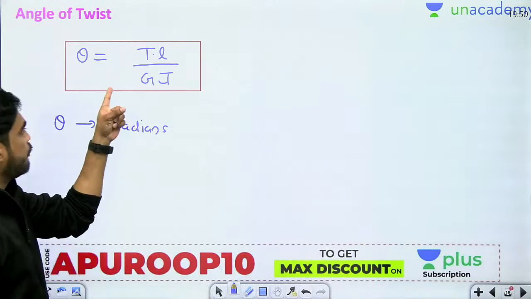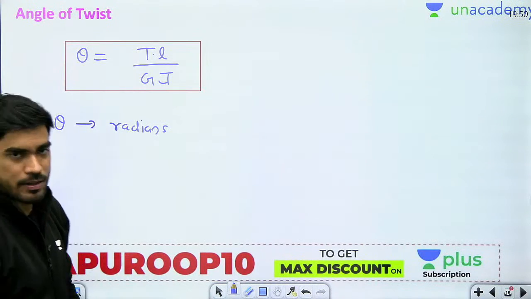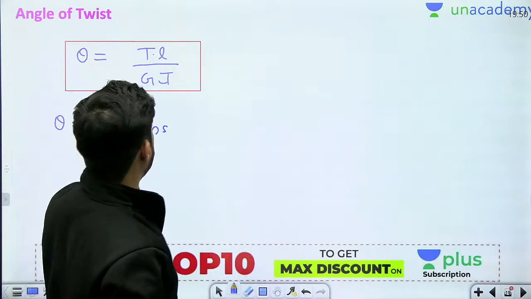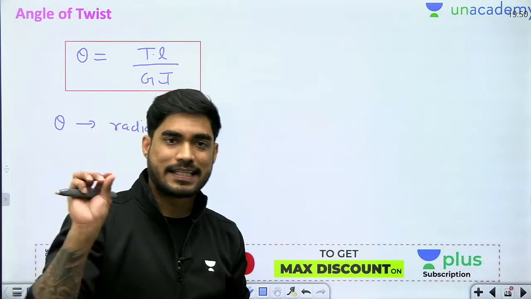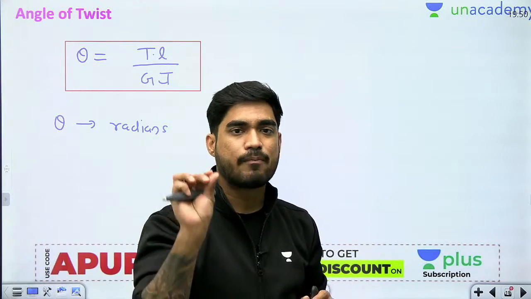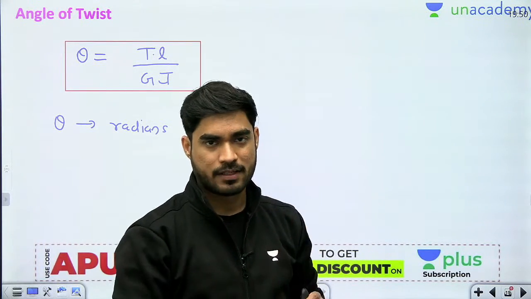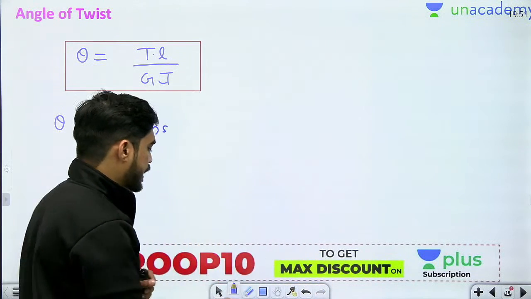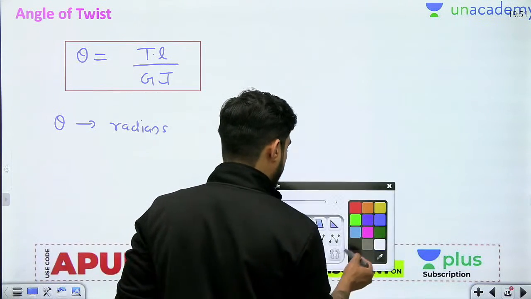Okay, so this is the equation of angle of twist, theta equals TL by G into J. Is it clear? Now beta, here you need to understand one thing.